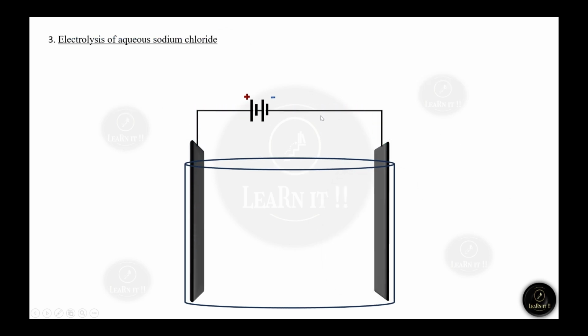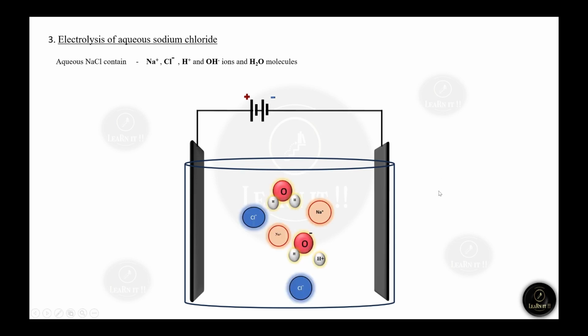Next comes the electrolysis of aqueous sodium chloride. It means salt water. Aqueous NaCl contains Na+, Cl-, H+ and OH- ions and water molecules. Here with respect to cathode, there are 2 cations.